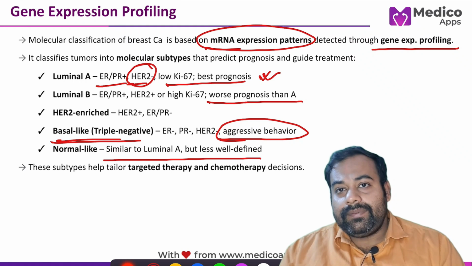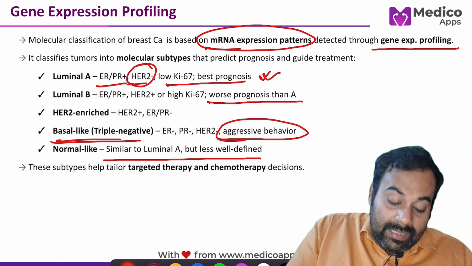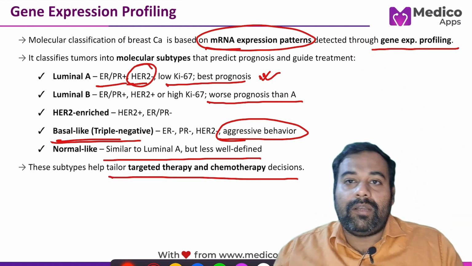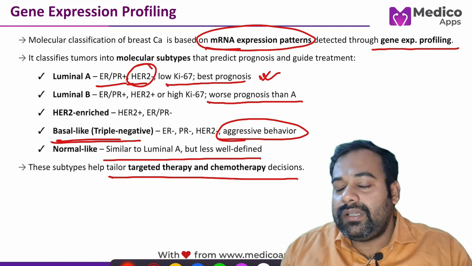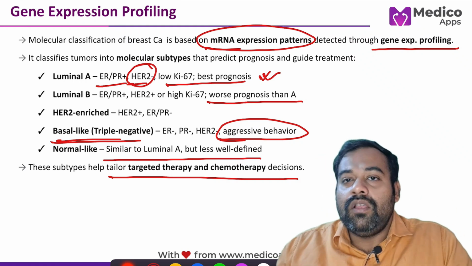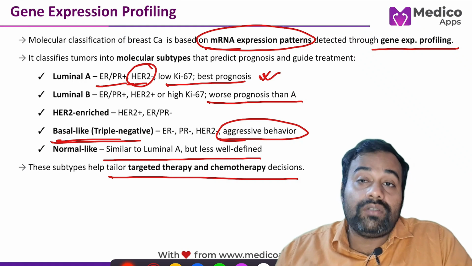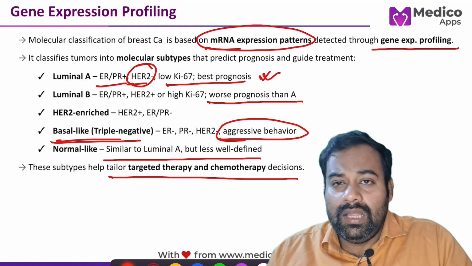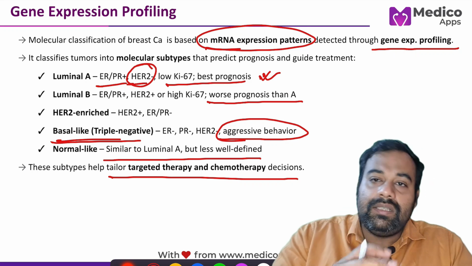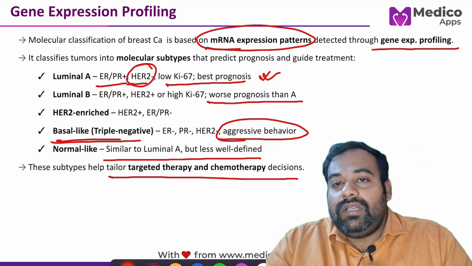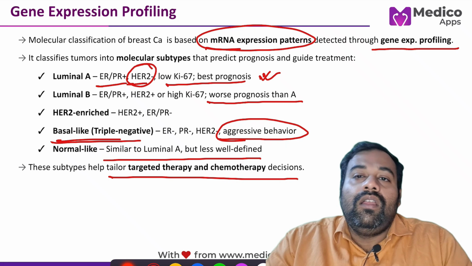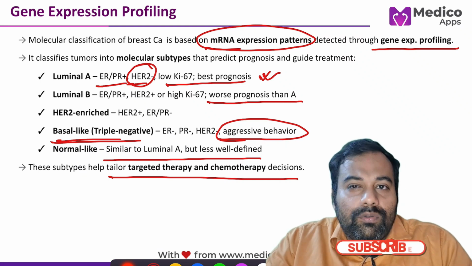Now these subtypes help us tailor the targeted therapy and the chemotherapy. Suppose a patient presents with HER2/neu positive disease. What we do is go for trastuzumab, or Herceptin therapy, in that patient. And obviously in the case of an ER PR positive patient, we go for hormone therapy.